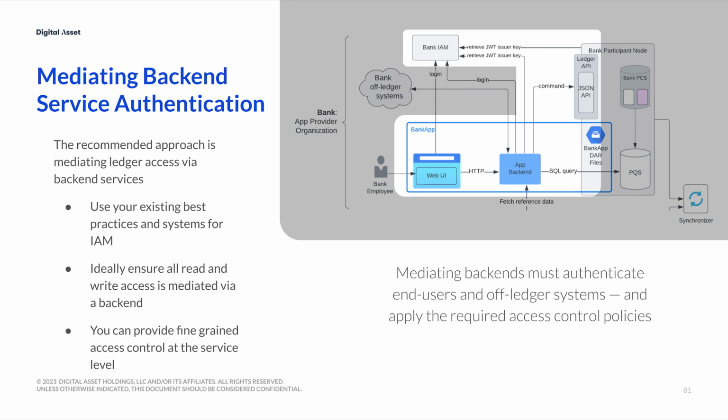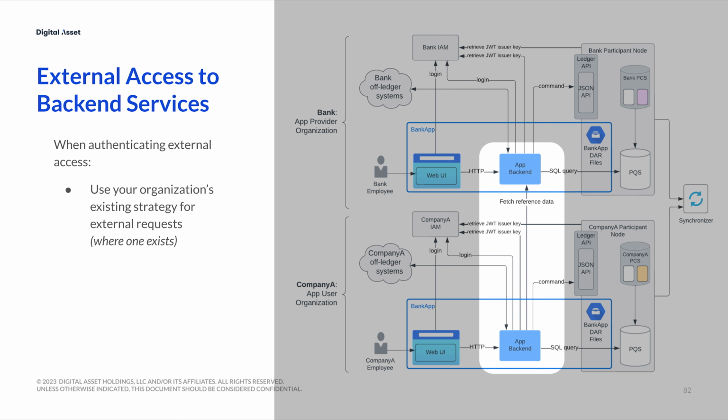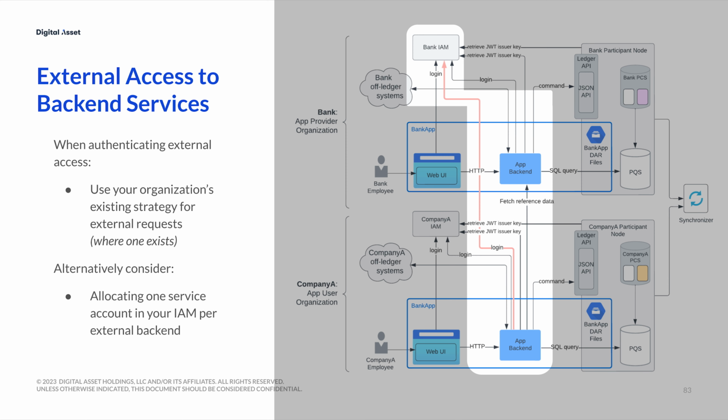for the end user. Things are slightly more complicated when a backend needs to provide services to requests from outside the authentication domain. One option is to create service accounts within the app provider's IAM for external backends. A common use case for this approach is to provide read-only access to query reference data.